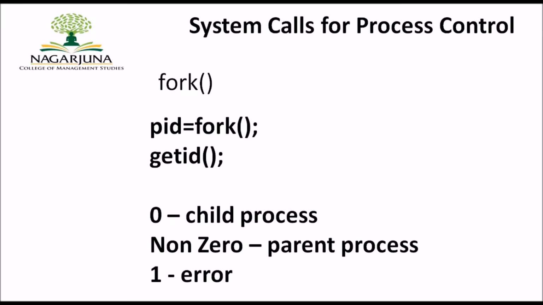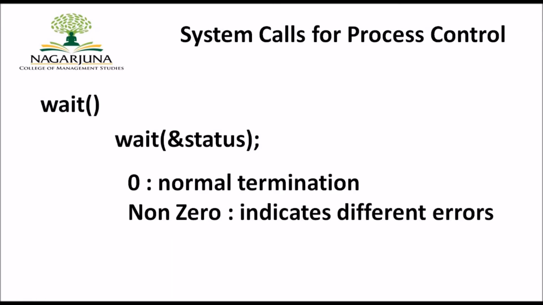It copies all the data, including the variables, from its parent process, and all these data and variables are maintained separately. A separate program counter is also created for the child process. This is possible only when a process is created using fork. We'll move on to the next system call, that is wait.